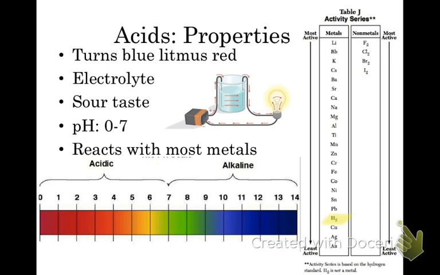Now I do want to note H2 is not a metal, even though it's found in the metal category, and they tell you down at the bottom as well. So pretty much if anything is higher than H2 on table J, it will react. If it's not higher or it's lower than H2, then that metal will not react with an acid.